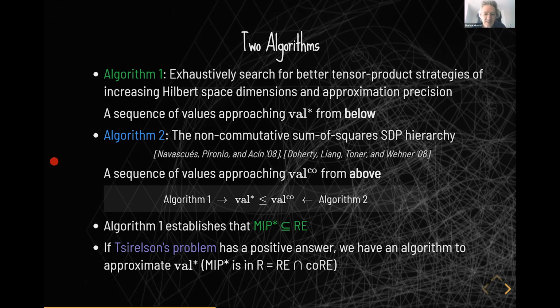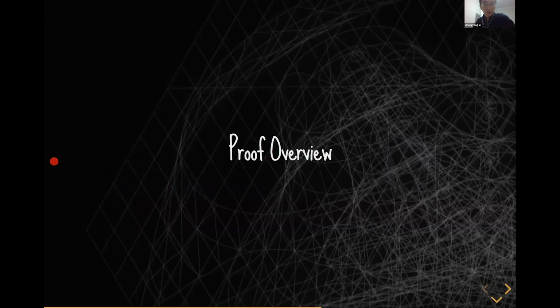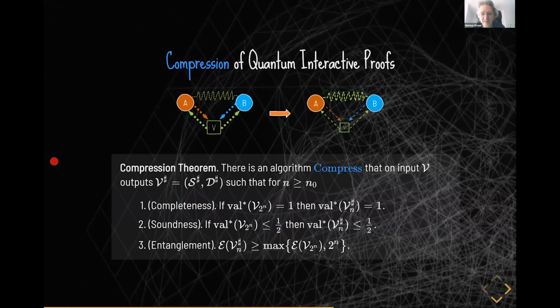Maybe I would like to ask a quick question about the lower bound on the entanglement in the compression theorem. Is there a simple argument for that? Oh yeah, it's because you really need that much entanglement. We don't need that much entanglement. We only need some number depending on n. Like if it's n, it still works.